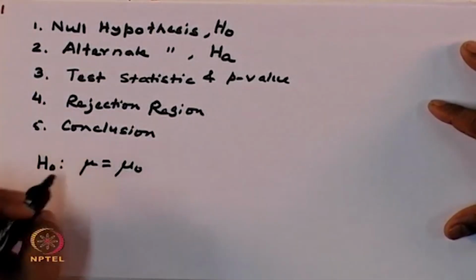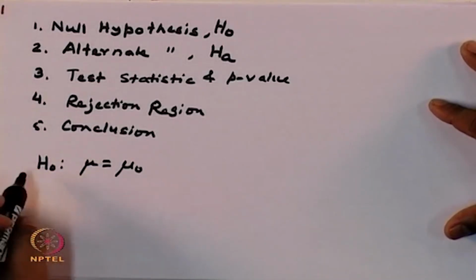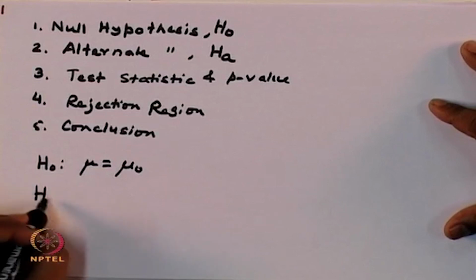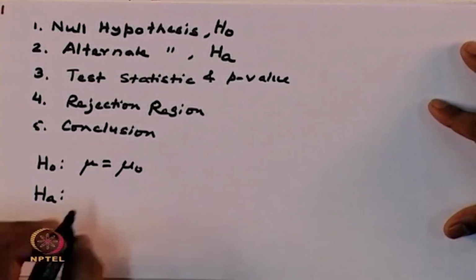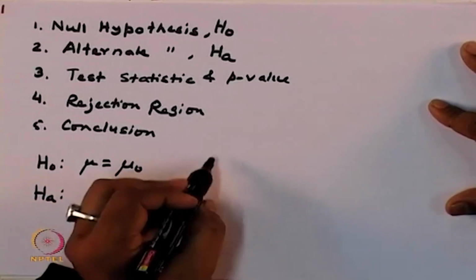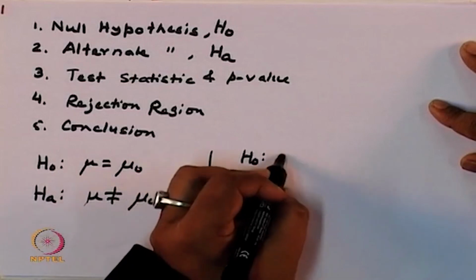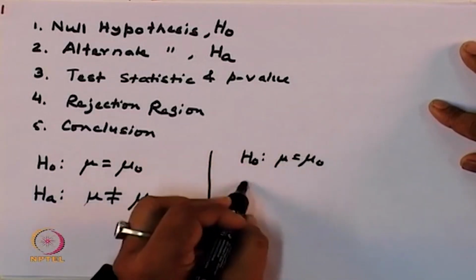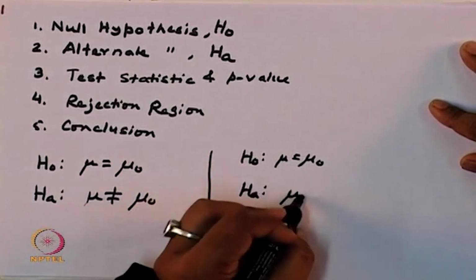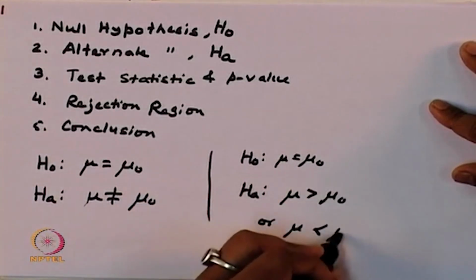In other words, the productivity of this company is this value. I can have an alternate hypothesis of the form mu not equal to mu naught, or in another situation H naught as mu equal to mu naught and HA as mu either greater than mu naught or mu less than mu naught.